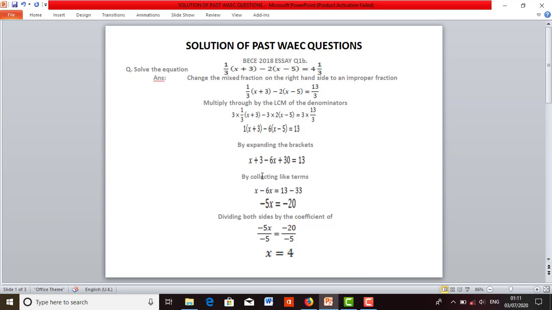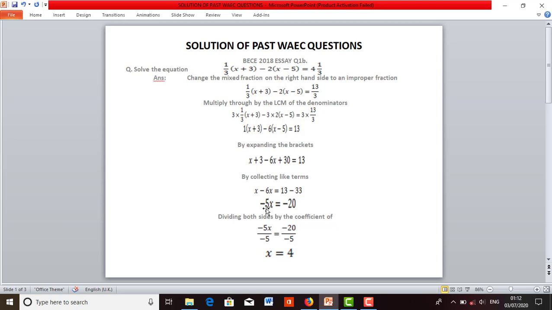If we cross that 33 over the equals to sign, remember, anything that crosses the equals to sign, its sign will change. Because it was positive here, when it crosses, it now becomes negative. We already have 13 here, so we take that 13 first, and then the plus 33 crosses over and becomes minus 33.